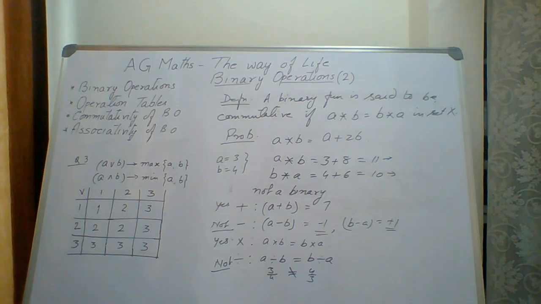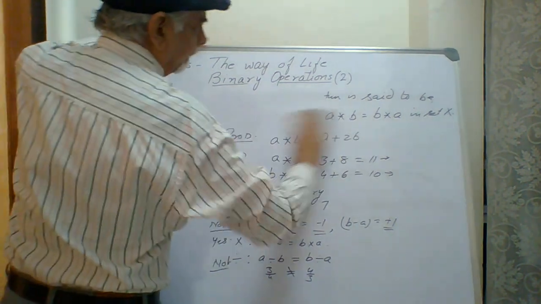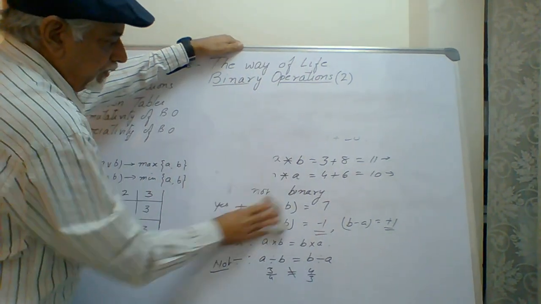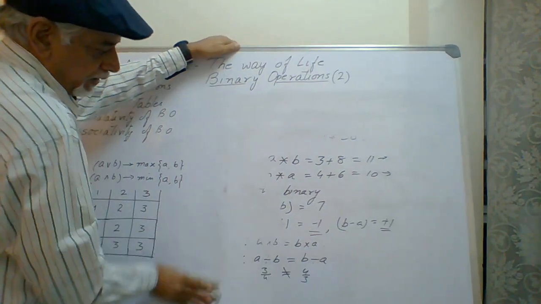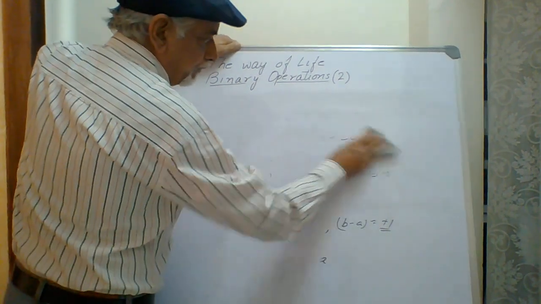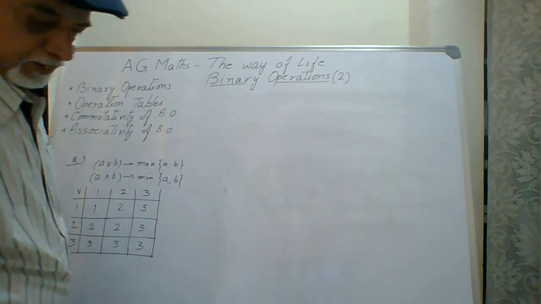Now, how do we check the associativity? You know what is associativity? Associativity can be only between three terms. It is not possible to define associativity in two terms. This we all know.